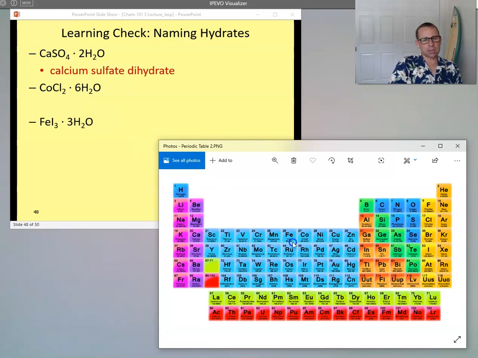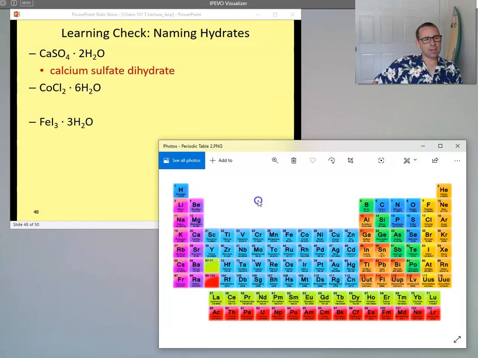Now, cobalt is a transition metal. Does that mean we have to do something else with that name? Put a 2 in between it. That's right, because that 2 represents the charge on that cobalt ion in that compound. Cobalt 2 chloride, right?